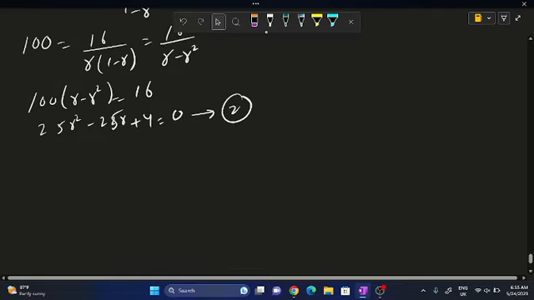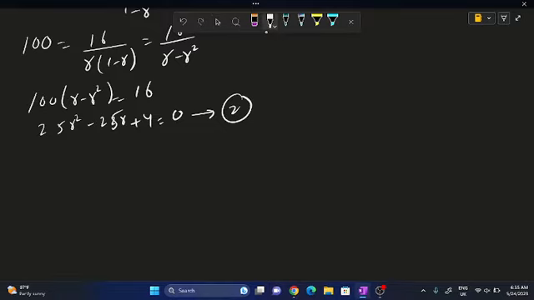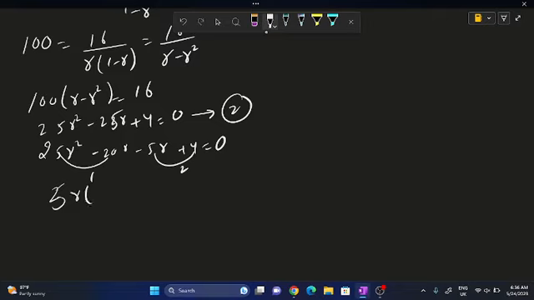This is a quadratic equation. Now I can solve it by factoring. After factoring, I can write 25r squared minus 20r minus 5r plus 4 equals 0. This is the first pair, this is my second pair. 5r can be taken as common from the first pair, giving 5r minus 4 inside.